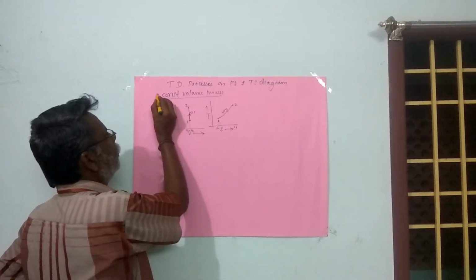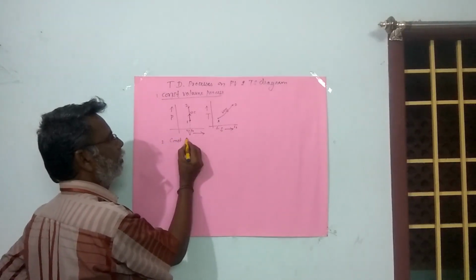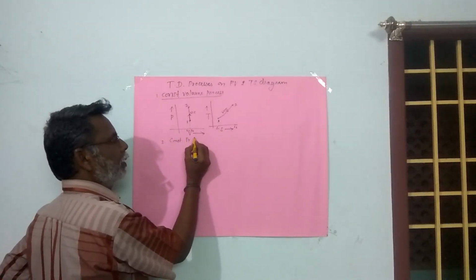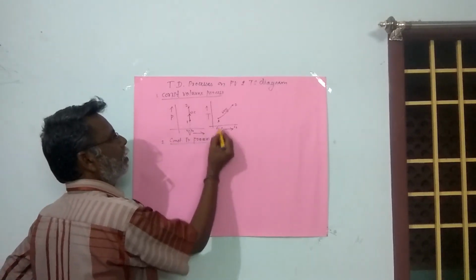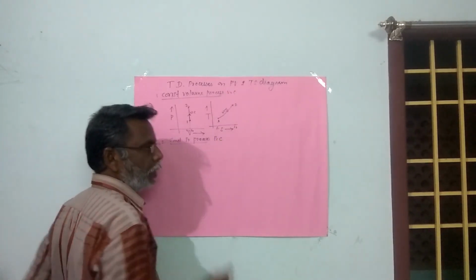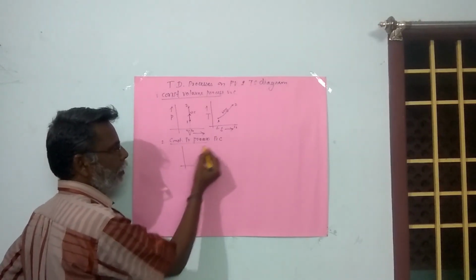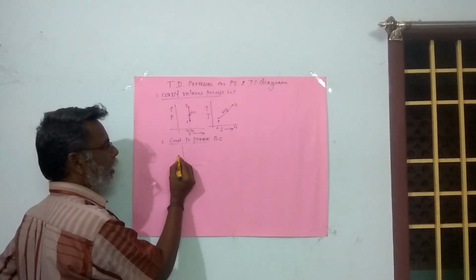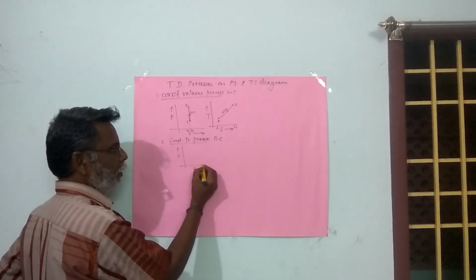Now let us come to the constant pressure process. Here V is constant in the previous case and here P is equal to constant. Let me represent the constant pressure process on a PV diagram. Volume is taken on the x-axis and pressure on the y-axis.